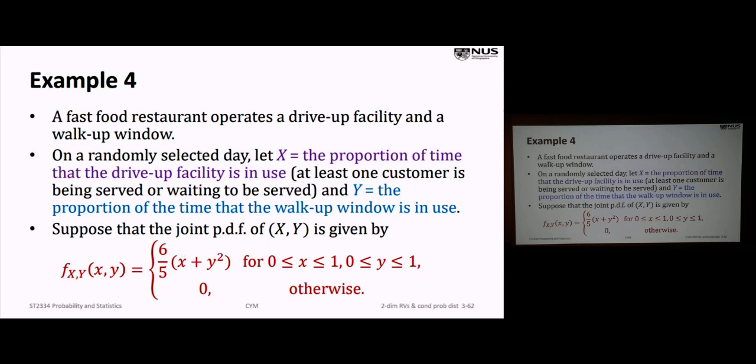So now, on a randomly selected day, x is the proportion of time that the drive-in facility is in use, and y is the proportion of time that the walk-in window is in use. Okay, so x and y are random variables which are defined in the set 0, 1, and we are given that the joint PDF is this. Okay, so this is the joint PDF for this pair of random variables, x and y. Okay, very exciting.